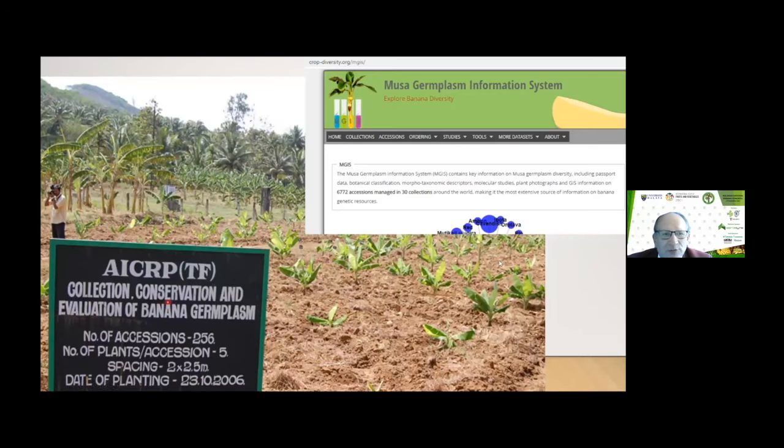Germplasm resources, of course, are grown out in the field. This is one in India. I've already shown some from Malaysia. And there's a fantastic Crop Diversity Trust website with the Musa Germplasm Information Service giving the data of some 6,000 accessions of banana.